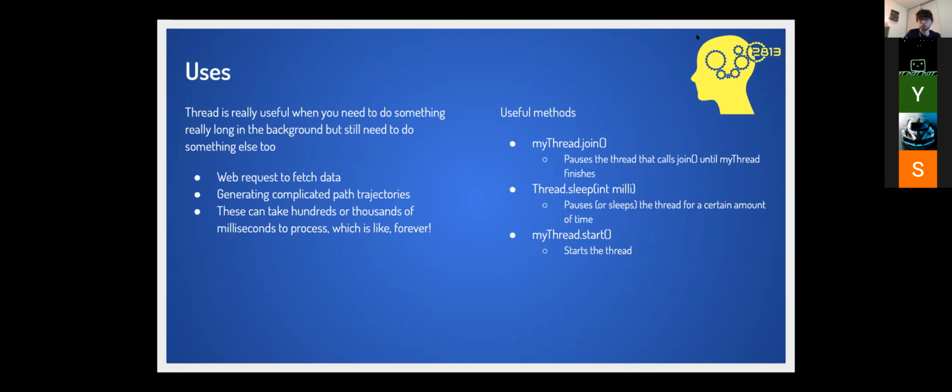So thread.join pauses. Okay, thread.join is what I thought it did. It will pause the thread that you're calling the other thread from within. So if you're in the main thread, it'll pause until the secondary thread finishes.